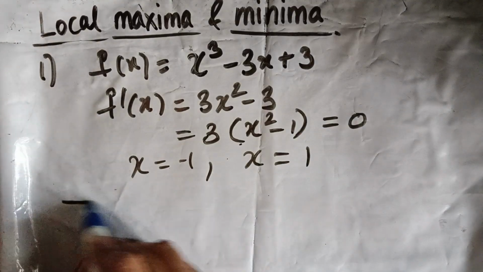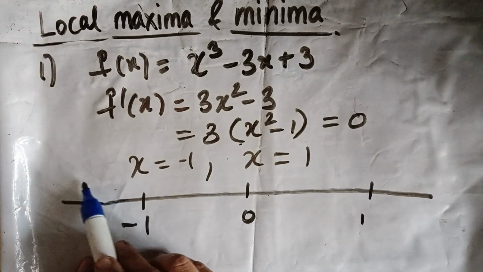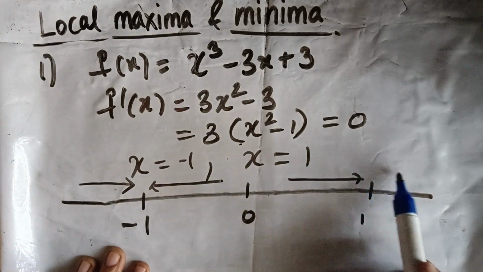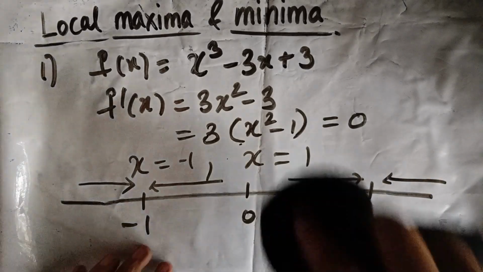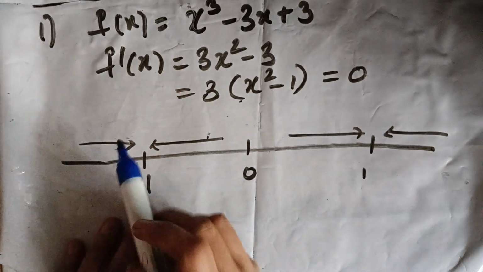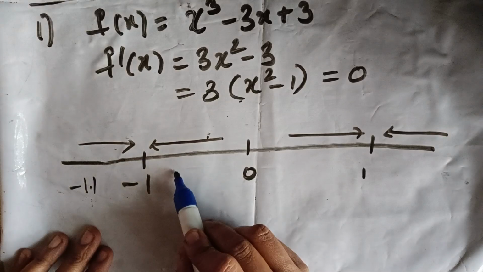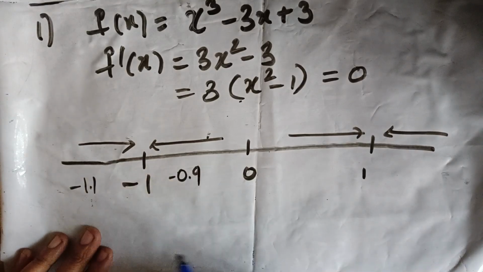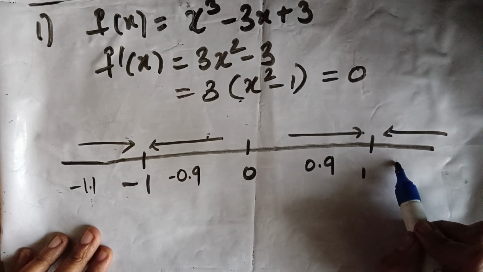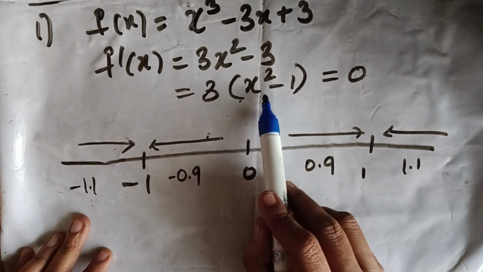Now we have to take one point from each region. Suppose I'm taking -1.1, and from here I'm taking -0.9. From this I'm taking 0.9. From this I'm taking 1.1. Let's put these points over here.